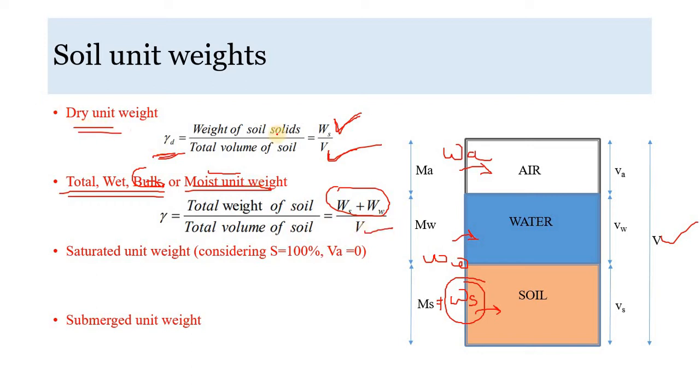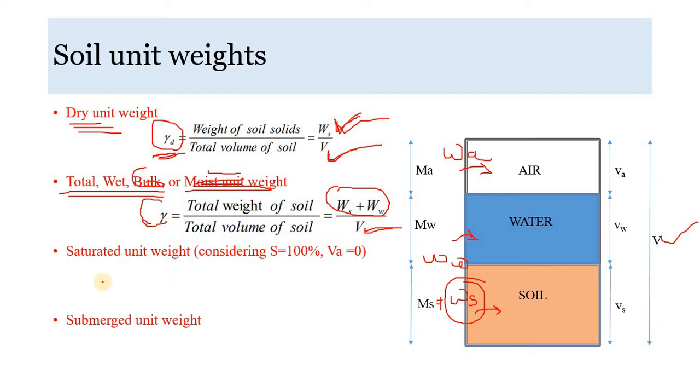Now, this one was dry, so we took only the weight of soil. This is moist, so we take the weight of both soil and water. It is shown by gamma, and the dry one is shown by gamma d. You have to note down that whenever the dry unit weight is asked, d is the suffix for gamma, and for bulk or moist unit weight there is only gamma.